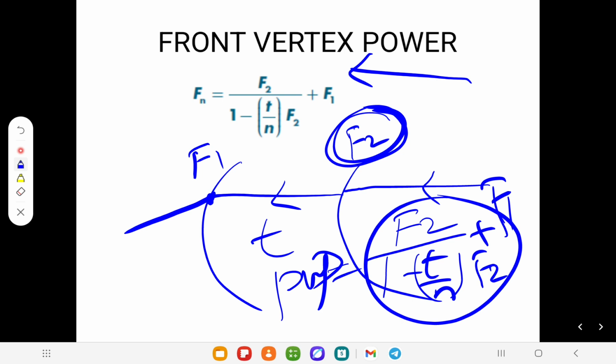Front vertex power and back vertex power differ from each other by only a small amount in low powers like plus 1, plus 2, minus 1, minus 2, minus 3, minus 4. When it goes higher and higher, in case of plus 8, 10, 12, the difference between front vertex power and back vertex power is significant. So we do not do hand neutralization in case of high plus power. There will be chances of fallacy. I hope you understand this concept. It's a very important concept.